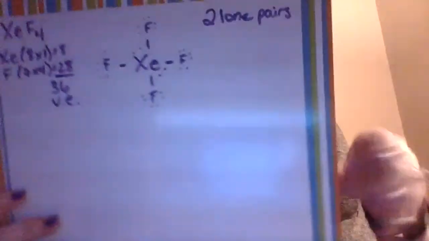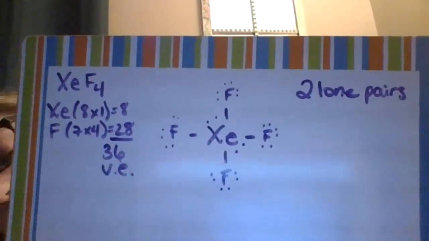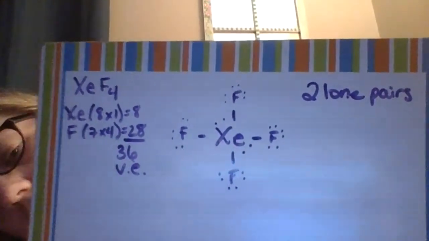So 2, 4, 6, 8, 10, 12, 14, 16, 18, 20, 22, 24. So we still have 4 electrons remaining, which means we are going to put those 2 lone pairs on the central atom. So that is what that looks like. 2 lone pairs have to go on the central atom.